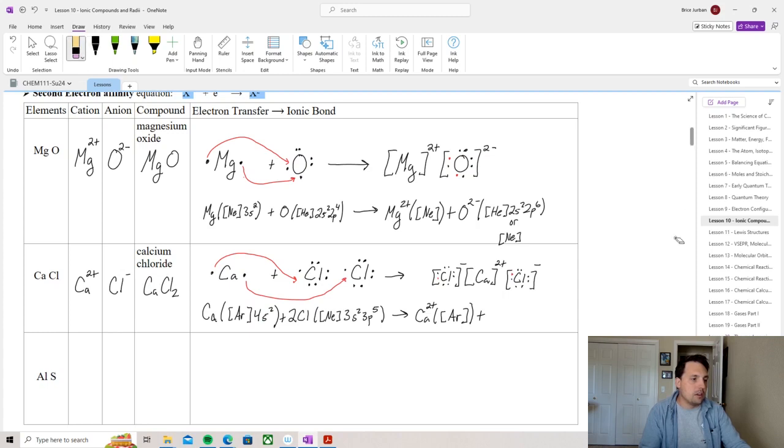And then we have a compound that results here. So calcium chloride. Not quite sure the best way to write this, but each of these chlorines here are going to have the configuration that matches argon as well. I'll just do this shorthand, and we'll write it like that.